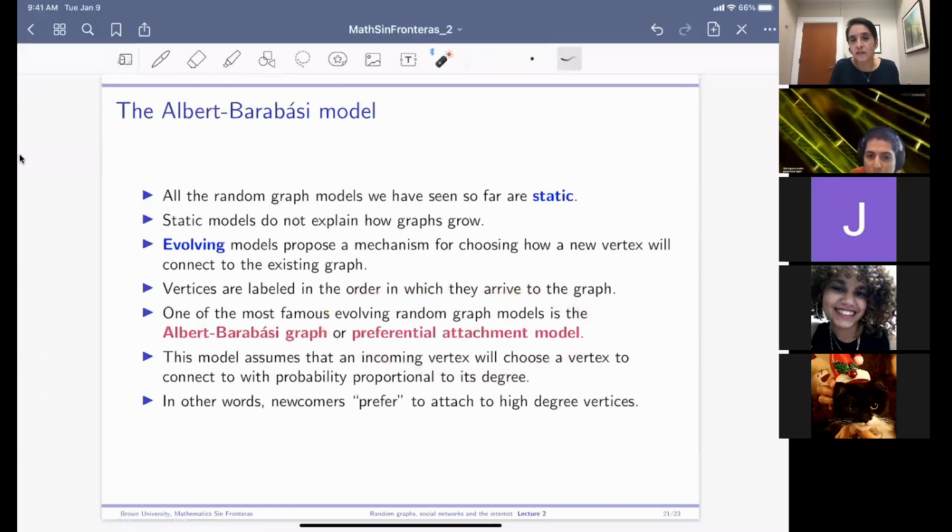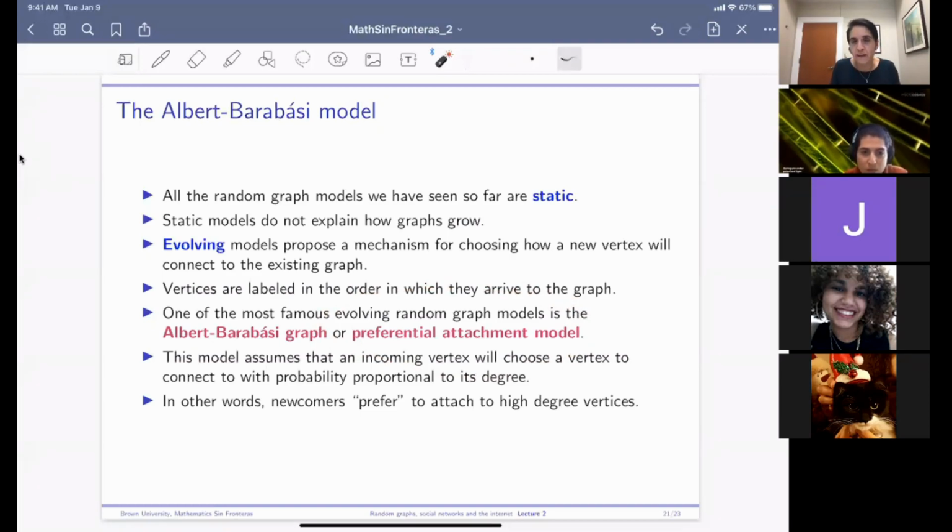This model gives us a way of attaching vertices to the graph that explains why exactly some vertices in the graph tend to have very, very large degrees, while most of the vertices just have typical average degrees.